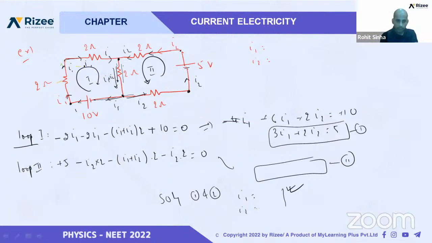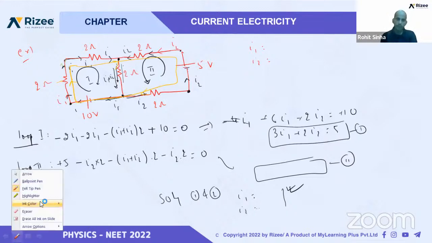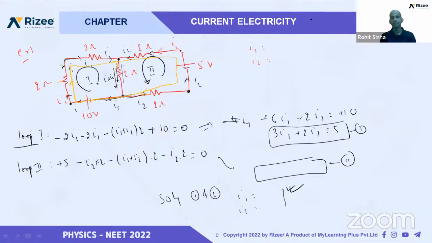You can start from here, go here, and move there and come to this point. Okay, you can write this equation also, this big loop. Any problem to anyone, you can ask here.